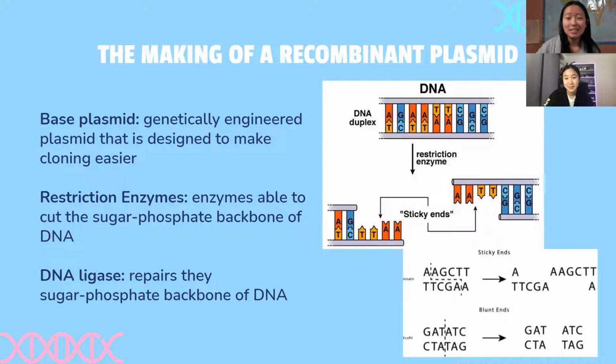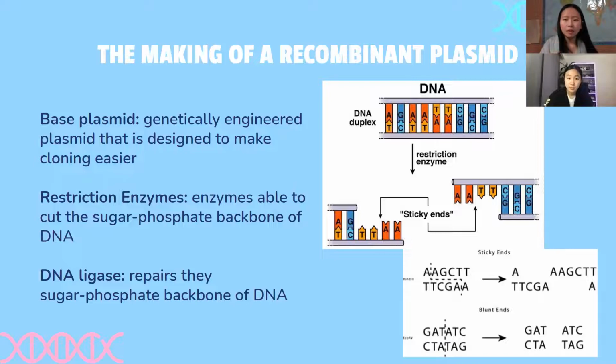All right. Next are restriction enzymes. These are enzymes that are able to cut the sugar phosphate backbone of DNA. Every single restriction enzyme is able to recognize and identify a specific nucleotide sequence that we call the recognition site. Once the restriction enzyme identifies that nucleotide sequence, it clamps down on it and cuts the DNA in a very specific way.